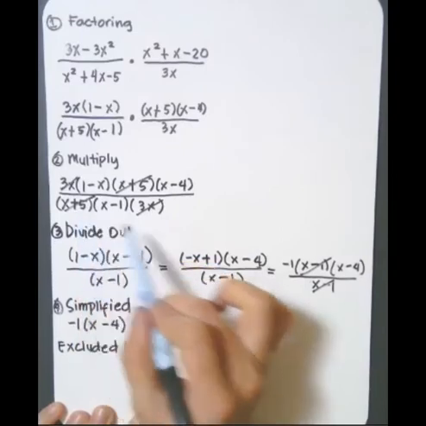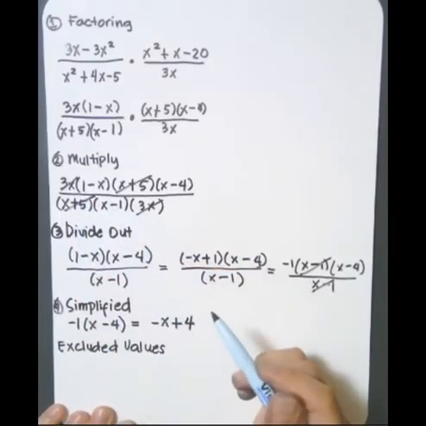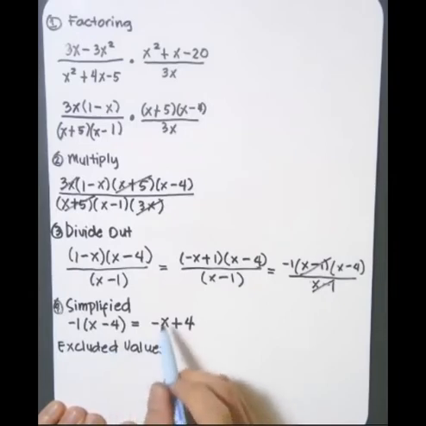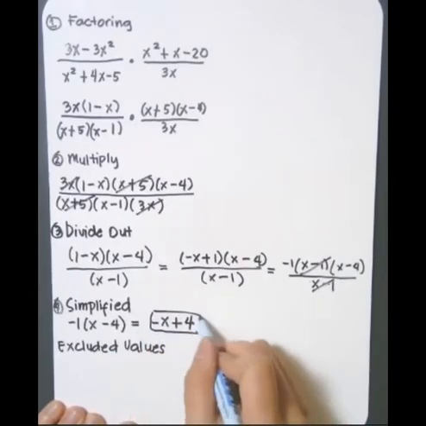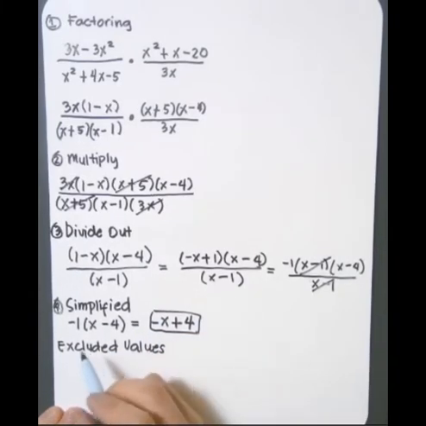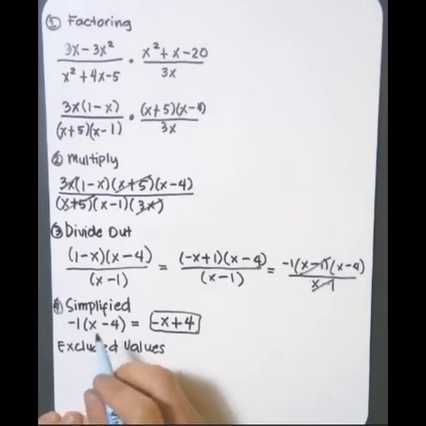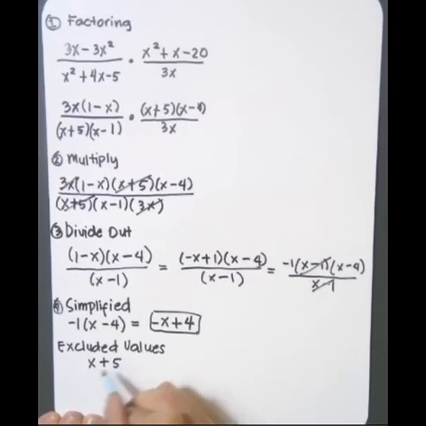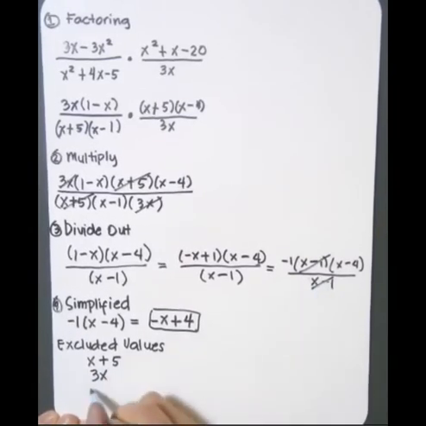All of the values of x here that were cancelled out are the ones that would make our denominator equal to 0. We have x + 5, 3x, and x − 1.